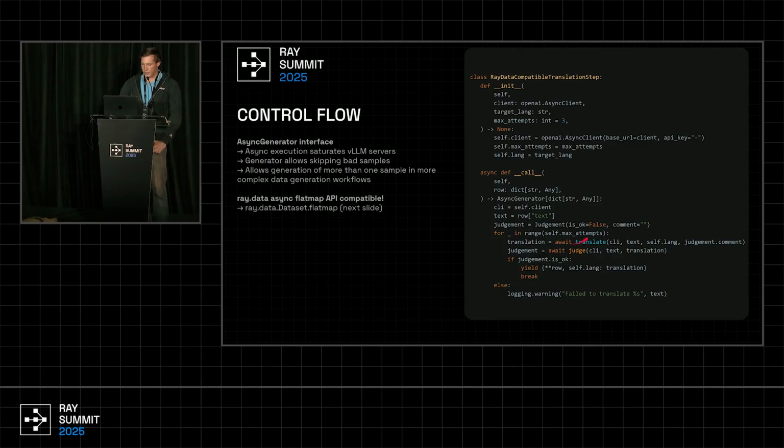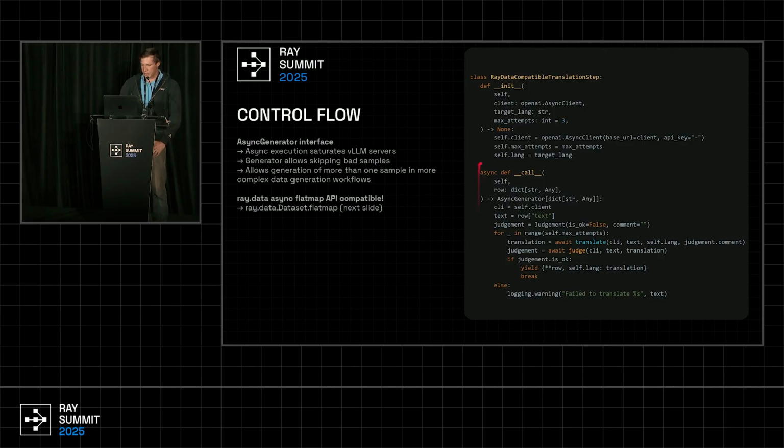If we iterate over max attempts, we try 3 times, for instance, to translate and judge, and we're not reaching a satisfactory judging result, we will end up here in the else and log out that there was a fail, but not return anything. So effectively, we're discarding bad data points that we're not able to come up with a satisfactory translation for. Now let's look at the Ray data integration.